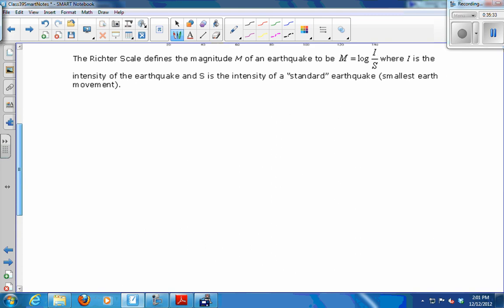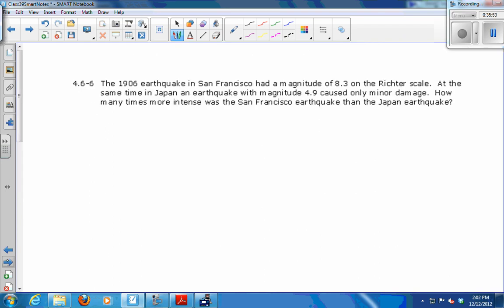So they take the log of the intensity of the earthquake divided by a standard earthquake, which is the smallest intensity that's detectable by the seismogram. So we take the log of the earthquake intensity divided by a standard intensity.